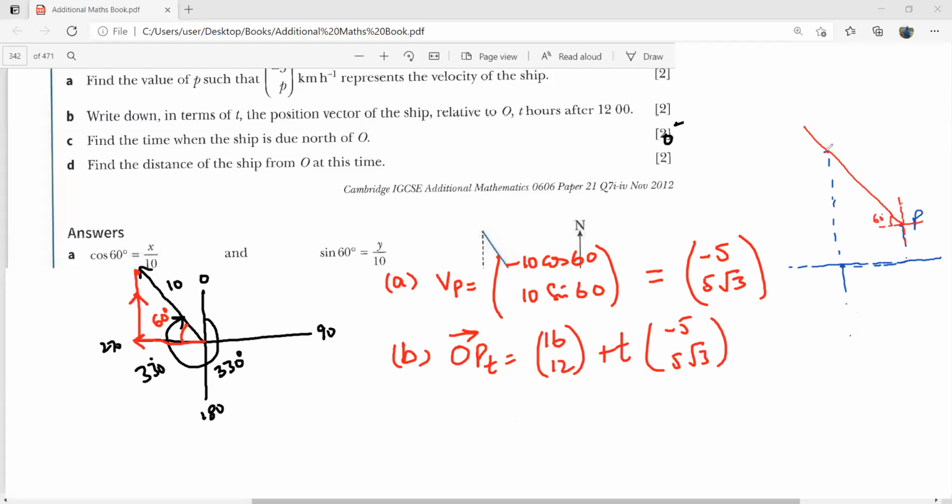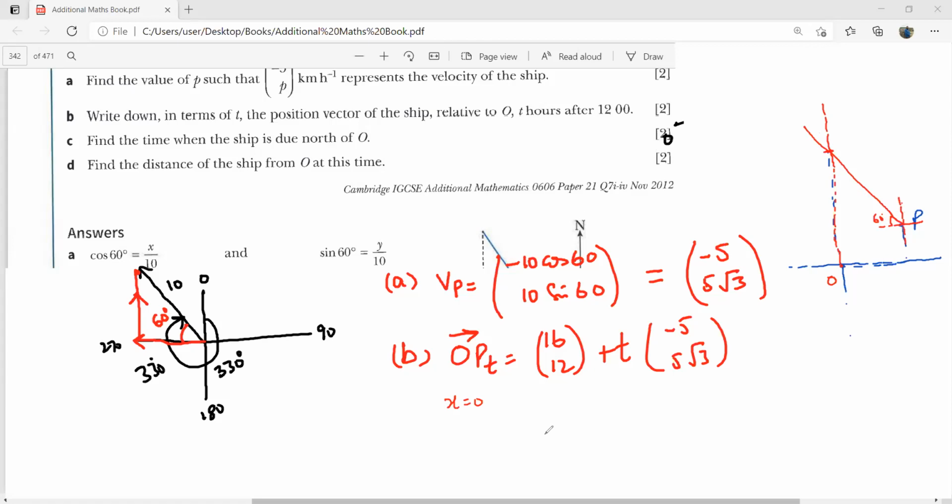He's saying that what is that time when the ship is due north of this O? So since we are determining all the coordinates from O, and there is a north at O, that means indirectly he is talking about the y-axis. That when this line of this track cuts the y-axis, so that means indirectly you have to put x equal to 0 in your OPT, right?